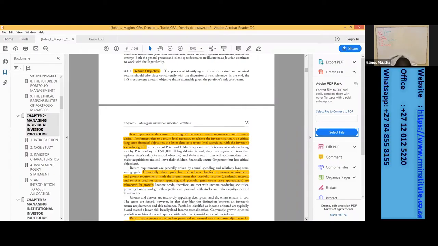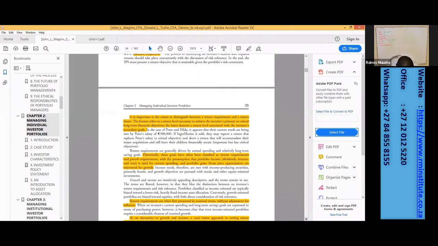Then on the next paragraph, they say, return requirements are generally driven by annual spending and relatively long-term saving goals. So historically, these goals have been classified as income requirements and growth requirements, with the presumption that the portfolio income is used for current spending and portfolio gains are reinvested for growth.